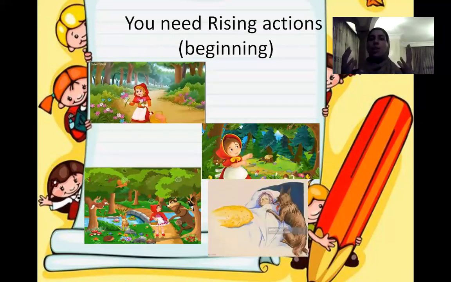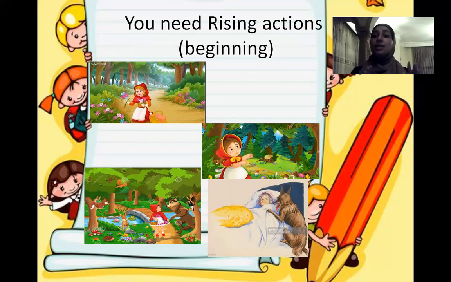Now, what are the rising actions in the Little Red Riding Hood story? Remember the story? First, Little Red Riding Hood met the wolf, and then the wolf told her to go and pick some flowers for grandmother, and she went and picked some flowers for grandma, and the wolf tricked her to go to grandma's house and to sleep in her bed.